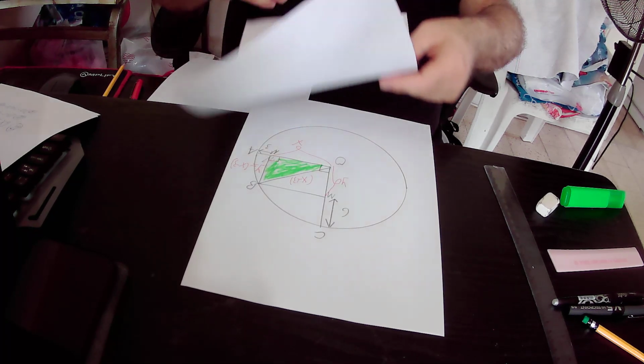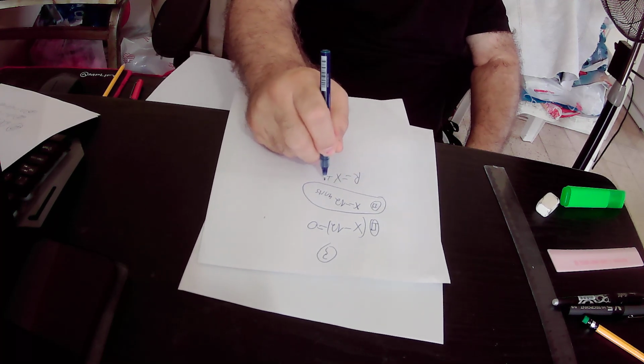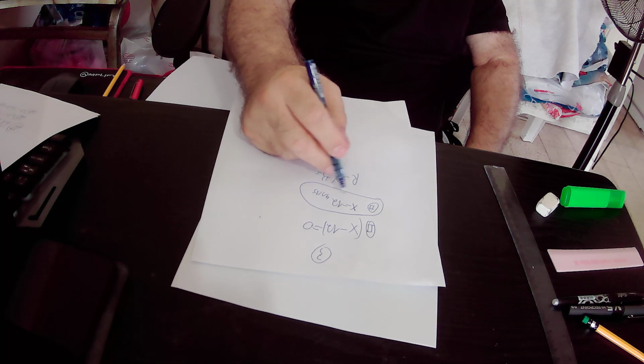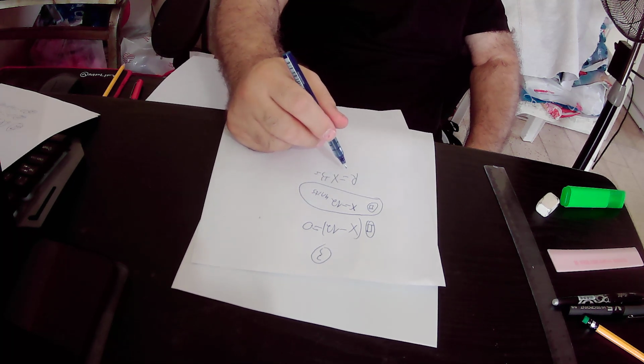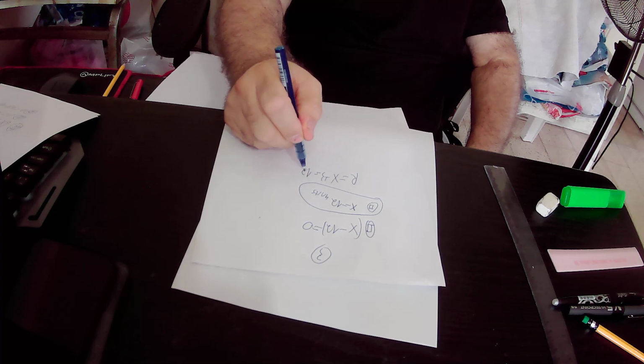Okay, so the radius of the circle equals x plus 3, and we found out that x equals 12. So the radius of the circle is 12 plus 3.